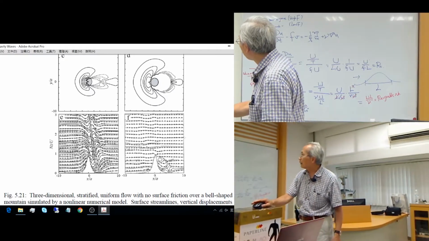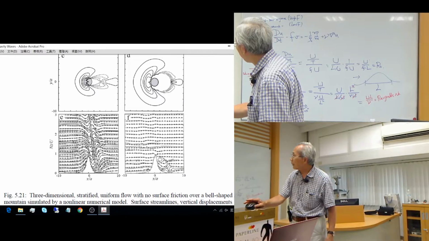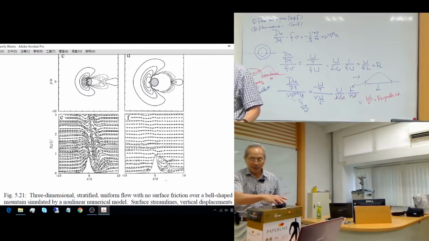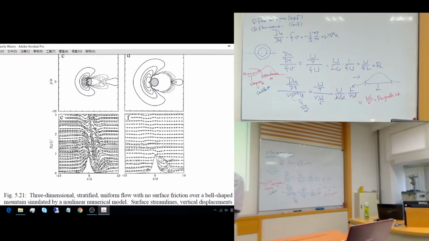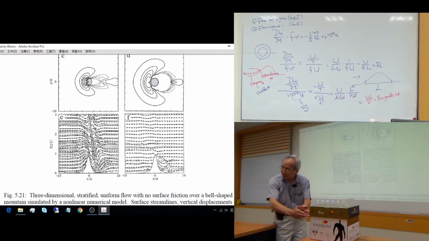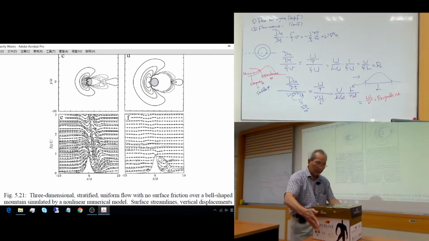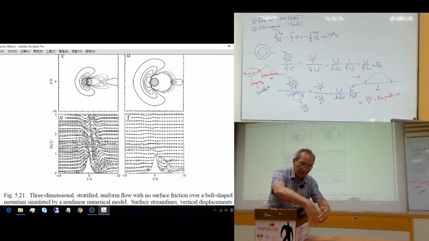And not only that, here you also have upward motion. What happened? Say this is a mountain, and with low flow number the flow comes in, they don't have much energy to convert to potential energy to climb over. So they go around, and then the vortices form coming here.